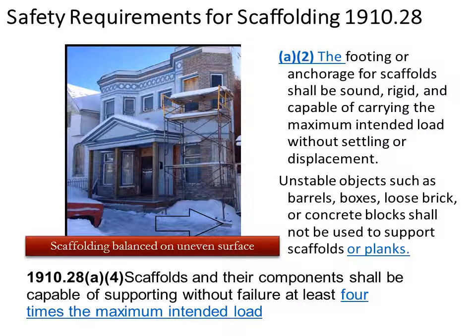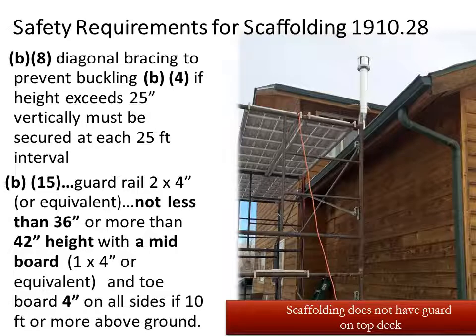And the footing needs to be stable and rigid so it can carry the support of the load that it's upon. For scaffolding that's greater than 25 feet tall, it needs to have diagonal bracing at every 25-foot interval, as well as if the scaffolding is 10 feet or more above the ground, then it needs to have that standard railing system, 42 inches at the top, mid-range 21 inches, and a 4-foot toe board.